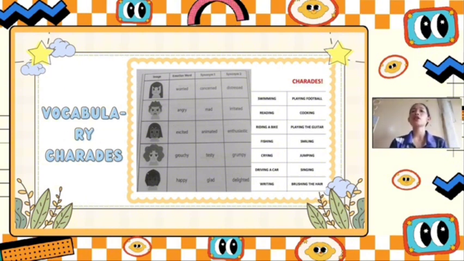So, this strategy reinforces word meanings by connecting vocabulary with physical actions, making learning more engaging, more interactive, memorable, and also enjoyable. It also promotes teamwork, critical thinking, and quick recall of words because they are collaborating while they are actively thinking.